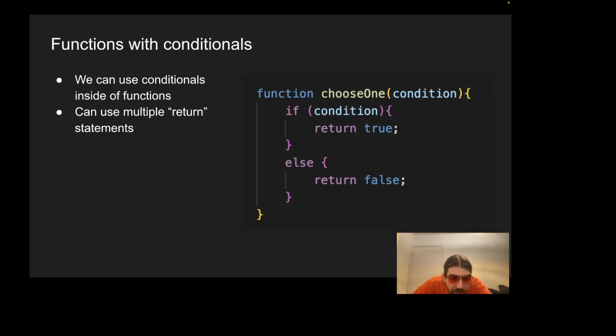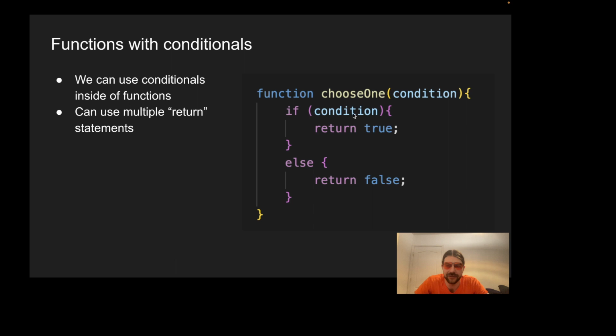So when we use conditionals inside of functions, we know that we have the return statement inside of a function to give us back a value, but if we are using conditionals inside of a function, we can have multiple return statements. Since the return is inside of the conditional block, it will exit the function execution once we hit the return, but it depends on whether it hits the first one or the second one.